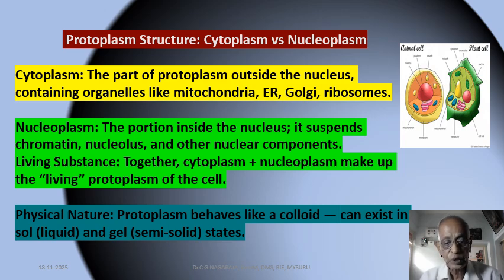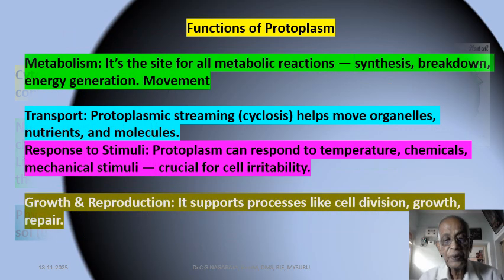Physical nature of protoplasm: it behaves like a colloid, and can exist as liquid or even gel or semi-solid. So on different occasions, these structures may change depending upon the cellular functions. Briefly, let us study the functions of protoplasm.